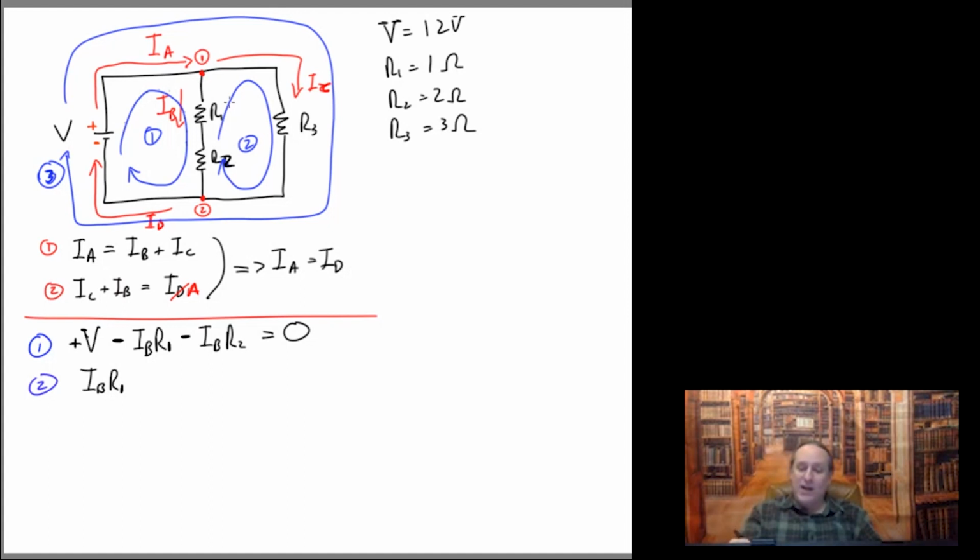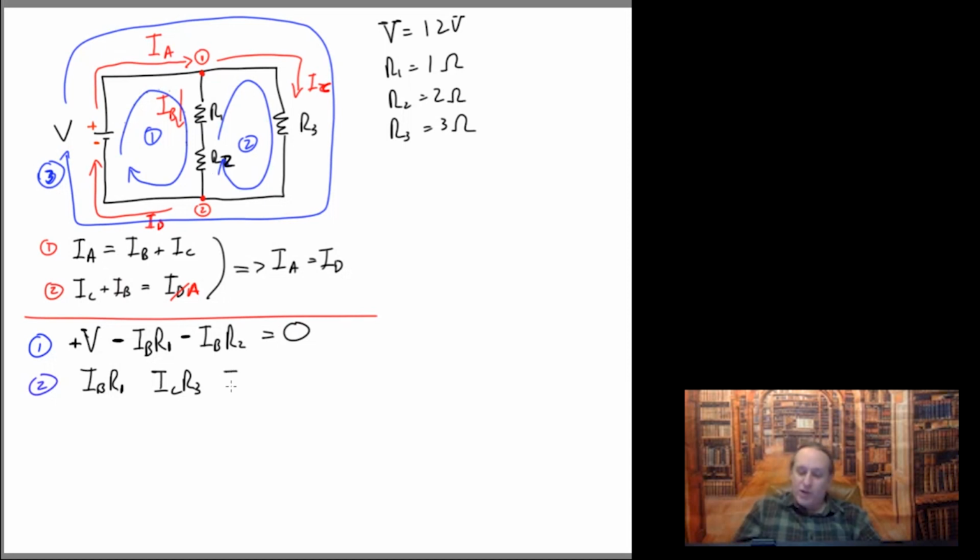Then we walk around. The next thing we see is R3. So we're going to have an IC times R3 because the current going through R3 is what we call IC. Then we keep going. We finally come to R2.